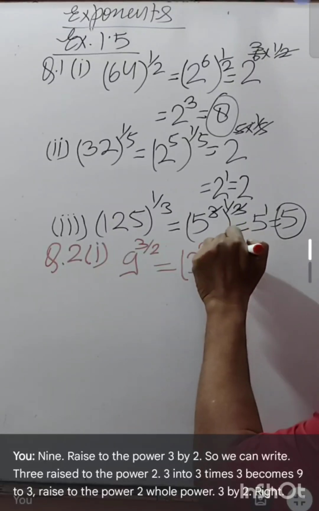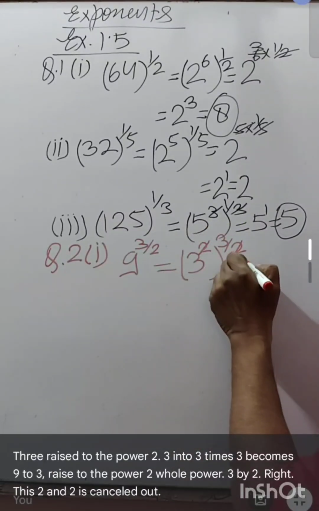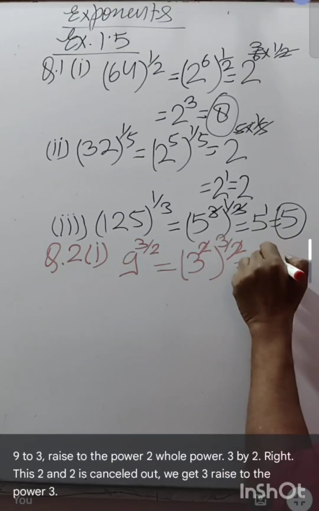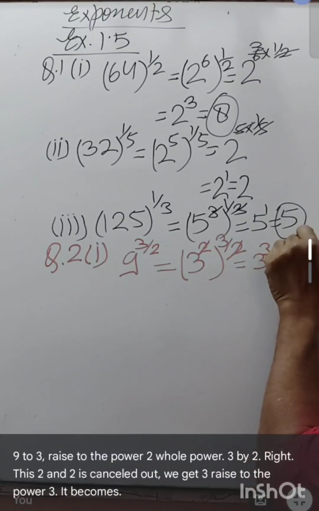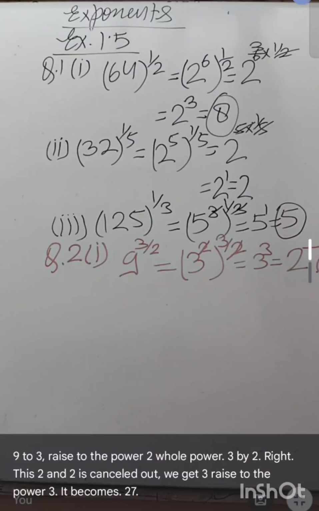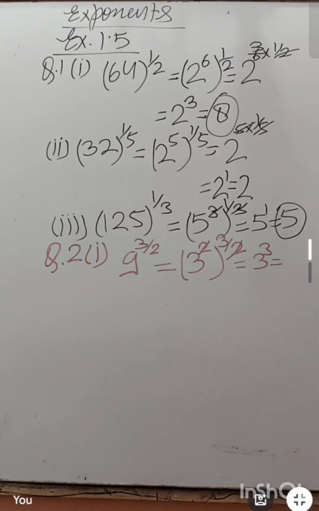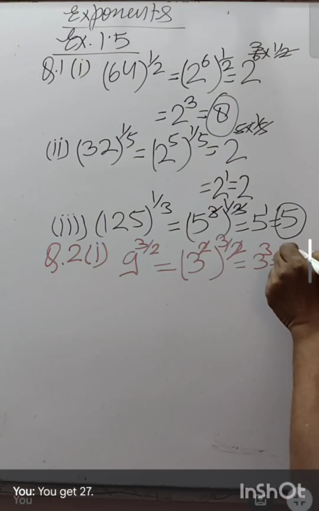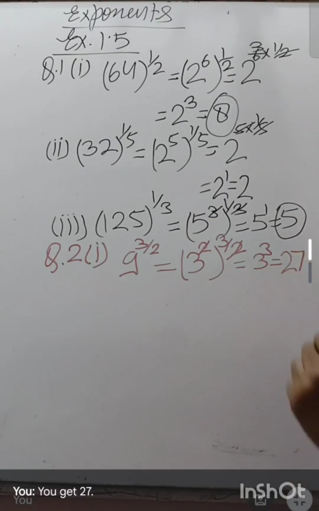This 2 and 2 is cancelled out. We get 3 raised to the power 3. It becomes 27. You get 27.